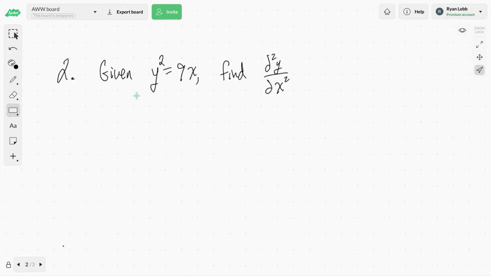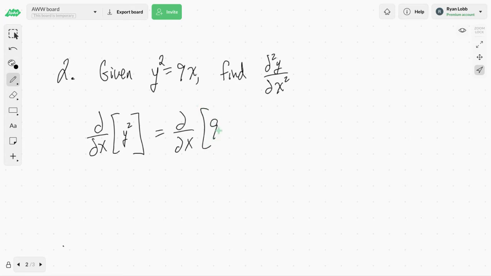Okay, so let's do a couple more here. This one, y squared equals 9x. Again, we want our second derivative. So we start, take the derivative on the left. Take the derivative on the right. Over here, we have chain rule because the variables are different, y and x.